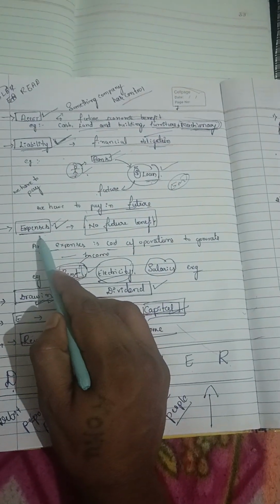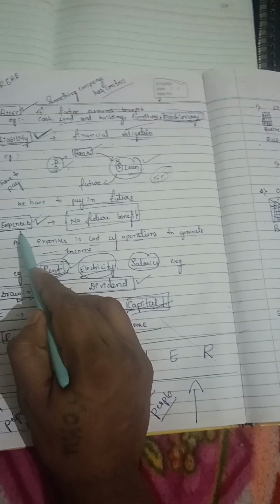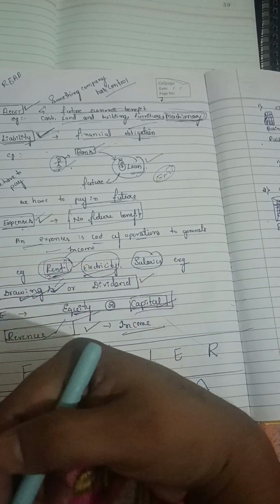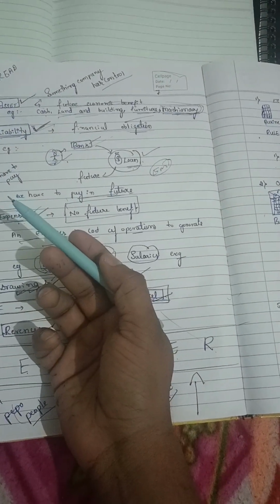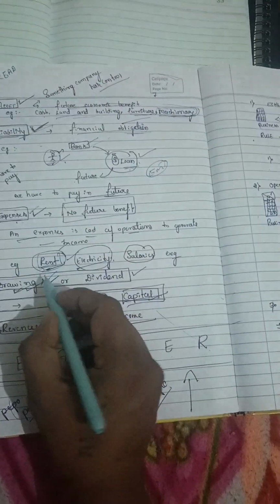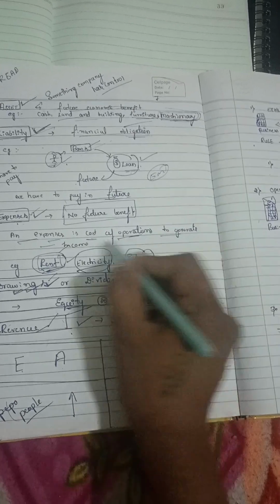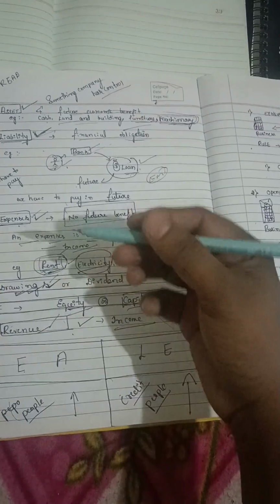Third one, expenses. Expenses means no future benefit. You have already taken the service, but you have to pay that amount. Expenses are the cost of operations to generate income, like rent.